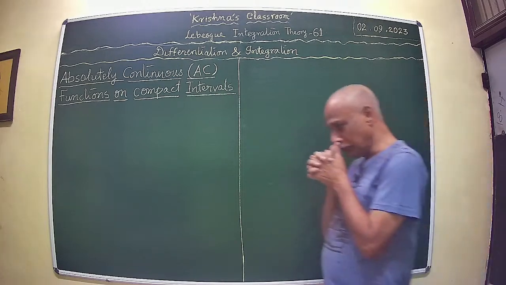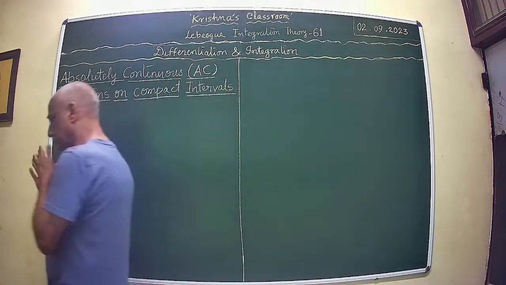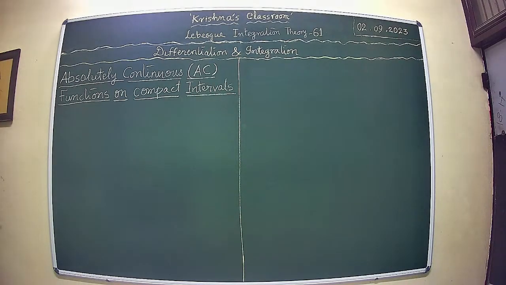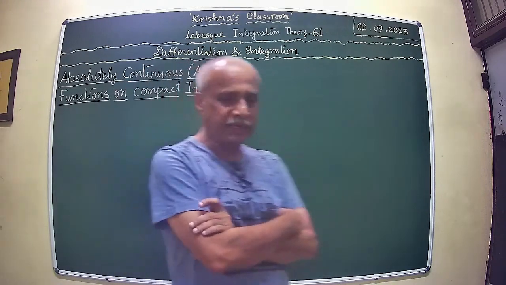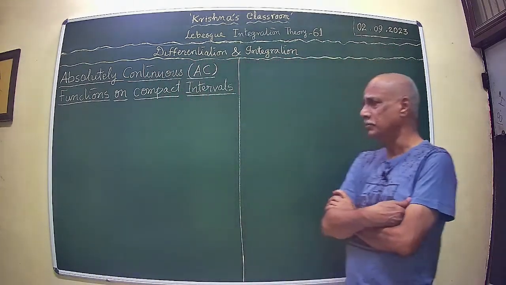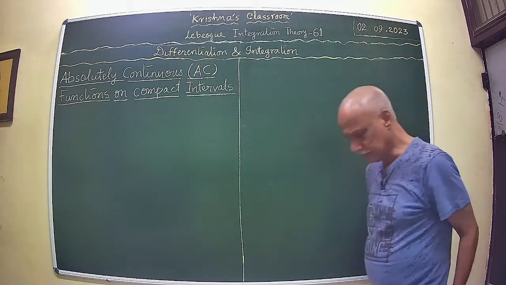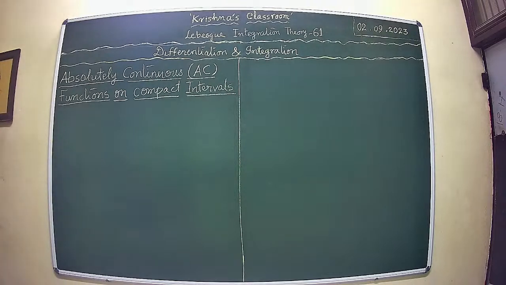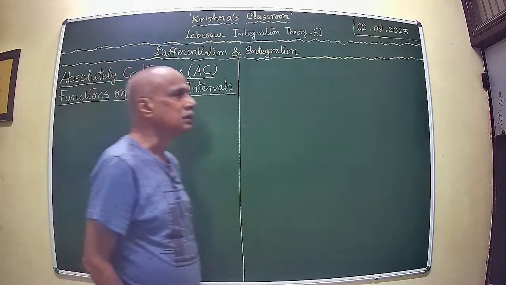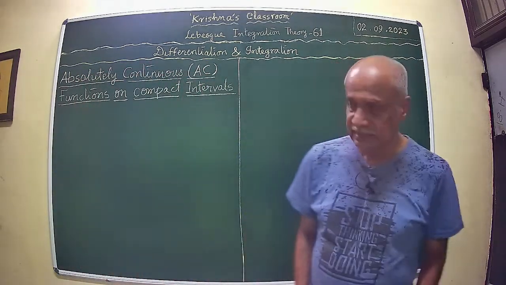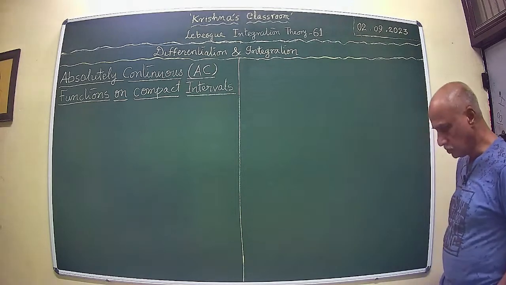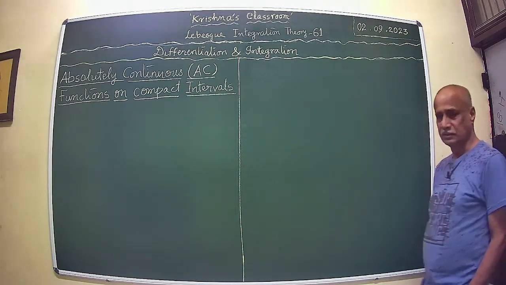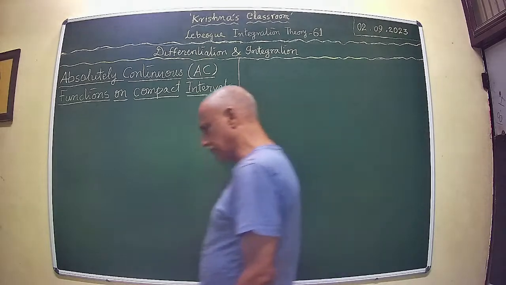Last time we introduced what are called functions of bounded variation, and proved a very remarkable theorem, namely Jordan's theorem, which says that every function of bounded variation on a compact interval can be written as the difference of two increasing functions of bounded variation.